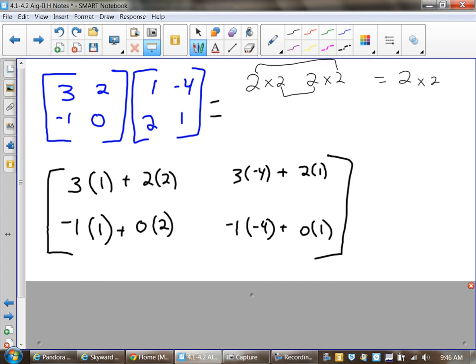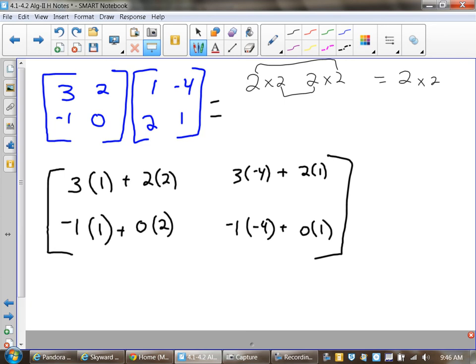Now, my answer then is going to be what this equals. 3 plus 4. Negative 1 plus 0. Negative 12 plus 2. 4 plus 0. Once you break it apart, the arithmetic is a piece of cake.